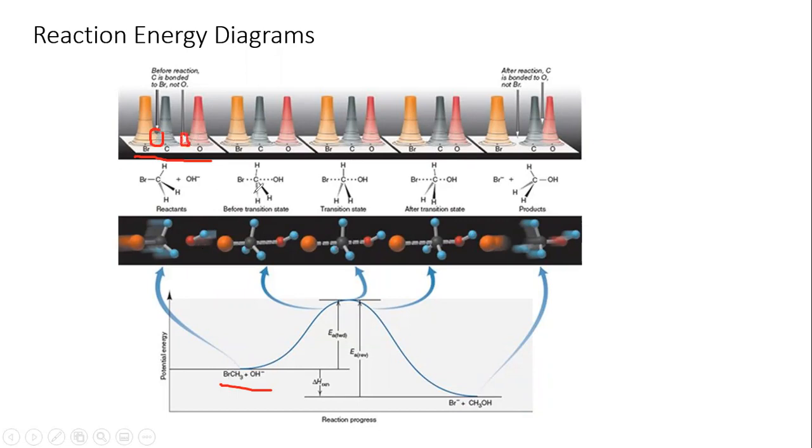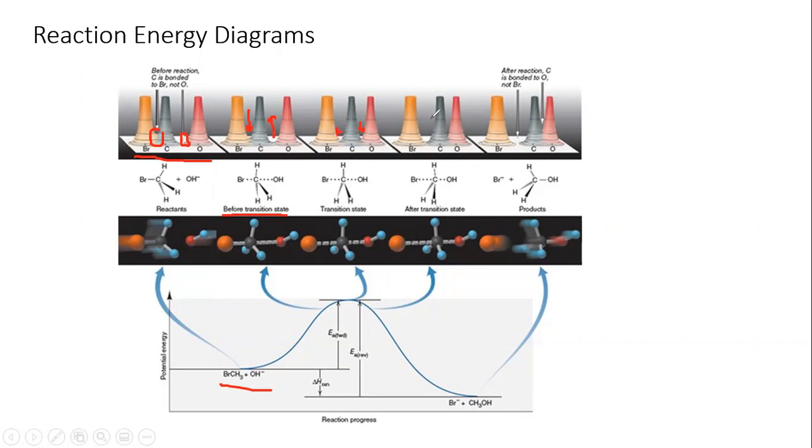As the reaction starts to occur, before we get to the transition state, the electron density between carbon and bromine starts to decrease, and the electron density between carbon and oxygen starts to increase. When we get to the transition state, now we start seeing a bond start to form between carbon and oxygen, and bromine starts to move away from the carbon.